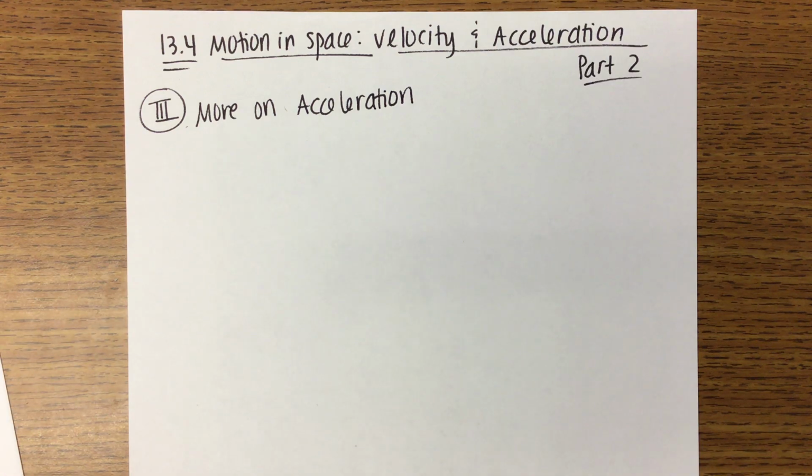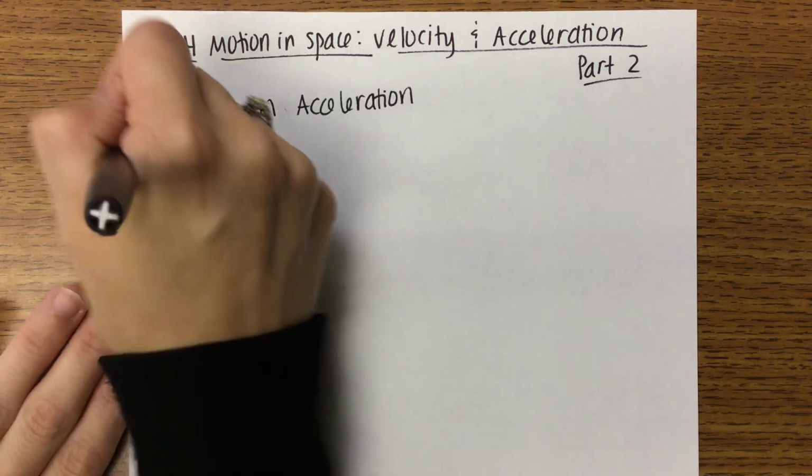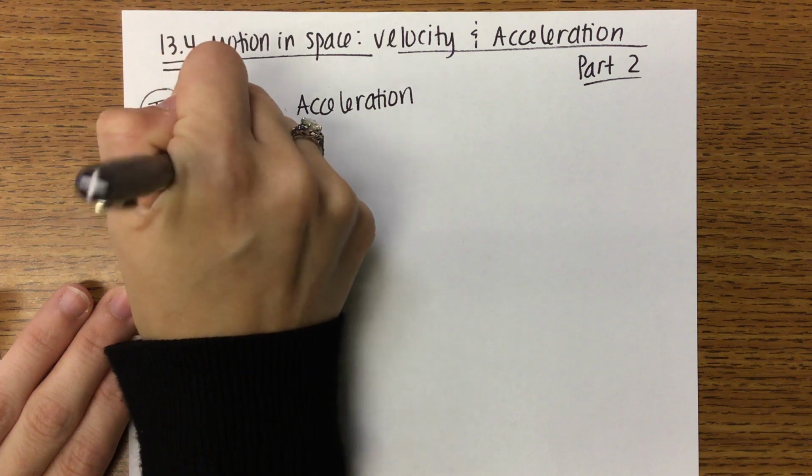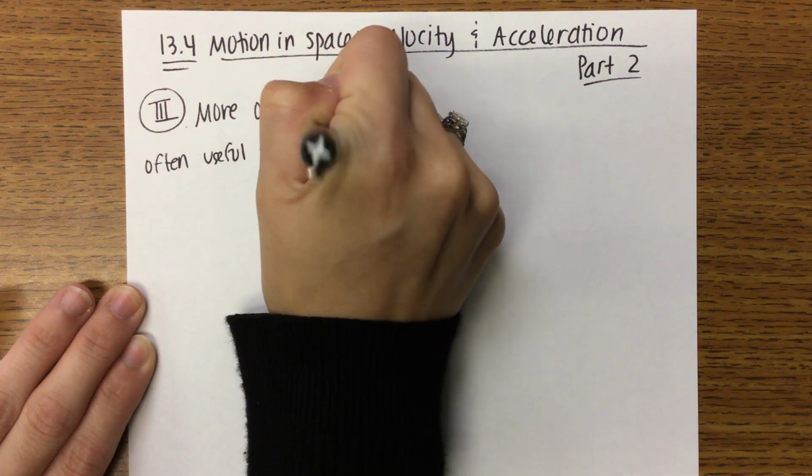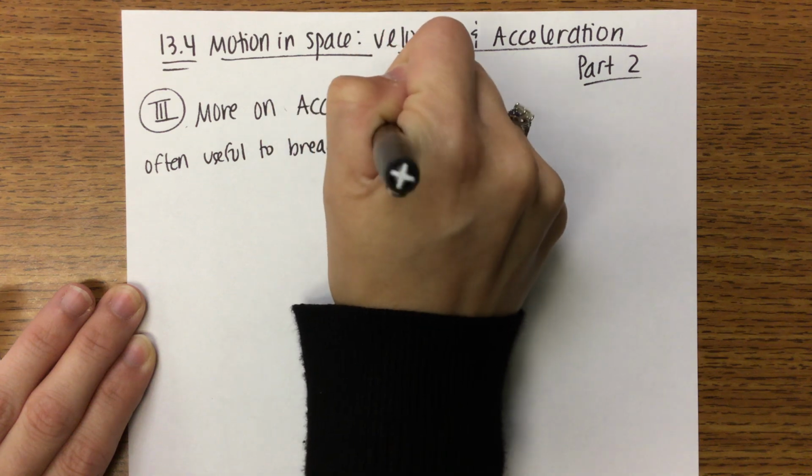In the first half of this section, we looked at, given a position function, finding the velocity and the acceleration. Oftentimes, though, it is useful to break acceleration into two components.